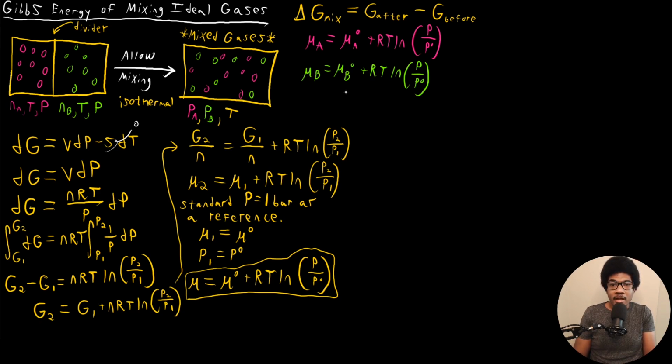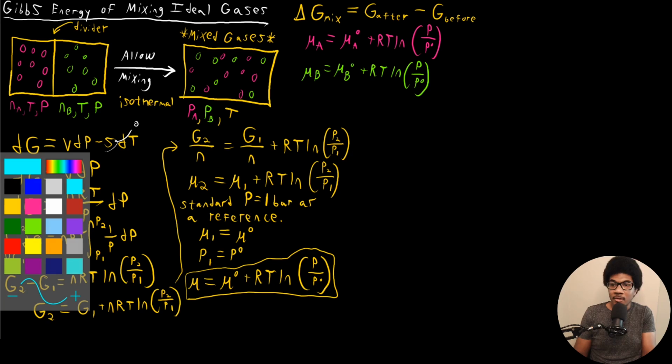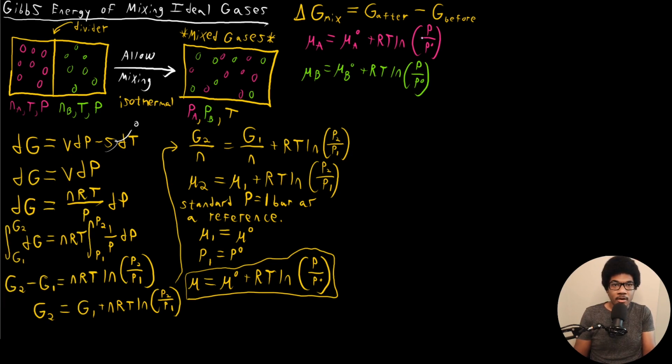mixture, right? So before these guys are mixed together, we can write a general expression for the Gibbs energy that we're going to call G before. So sticking with this notation up top, I'm going to call this the G sub before, right?